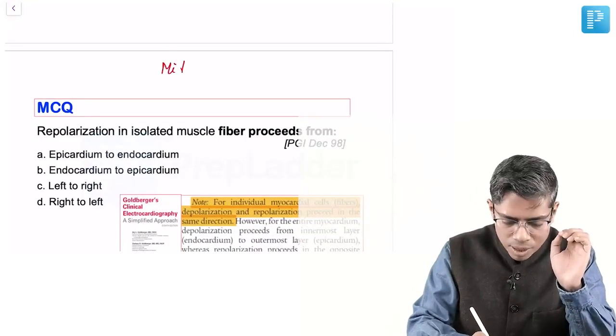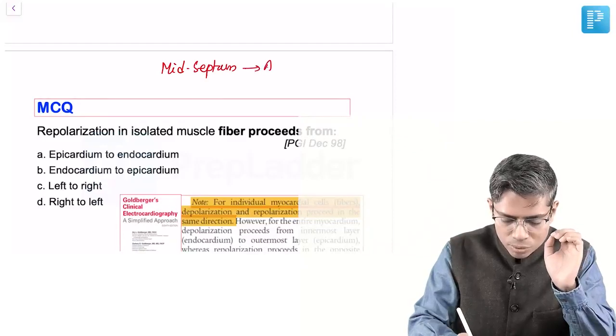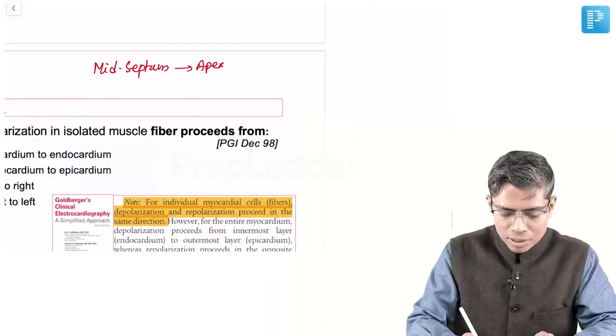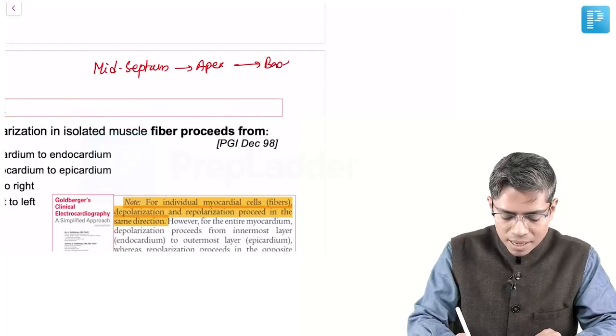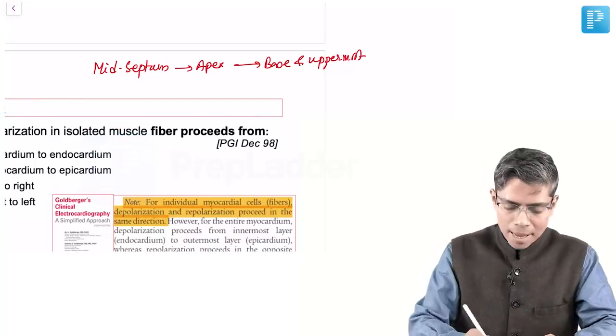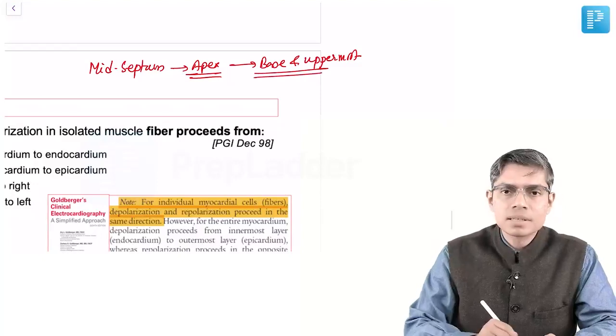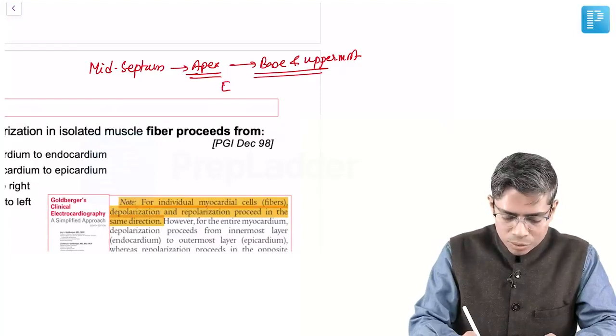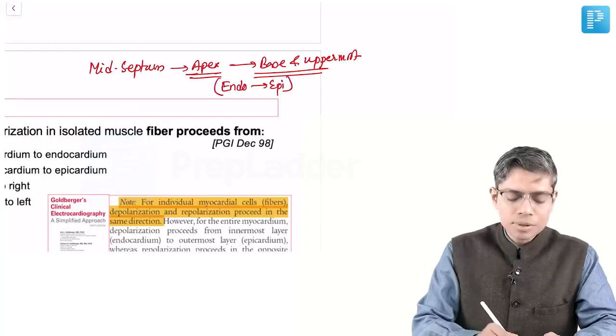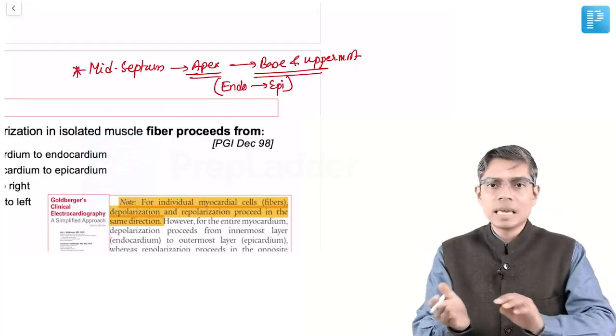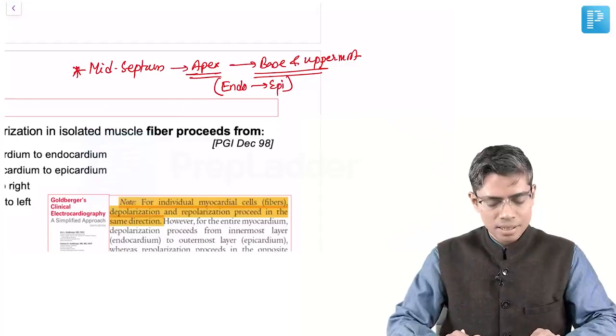First, the mid part of the septum will be depolarized, right? Then it will move towards the apex, then towards the base, and the uppermost part of the septum. This is the normal sequence. And when it is depolarizing this apical portion and base, the depolarization is going from endocardium towards epicardium, right? And during repolarization, epicardium to endocardium is the direction.